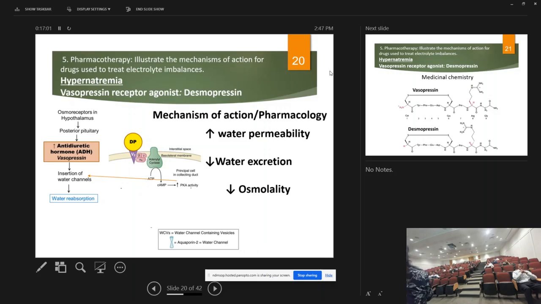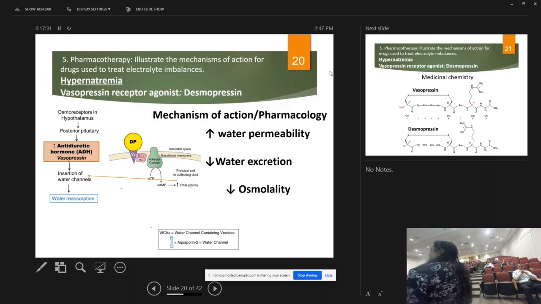The drug has to bind to a certain receptor to activate, and the increase in water channel insertion is through this pathway. So that's how it will increase the water permeability, decrease the excretion, and reduce the osmolality. Because it's a hypernatremic condition, you need to dilute it, right? So you need to reduce your osmolality.